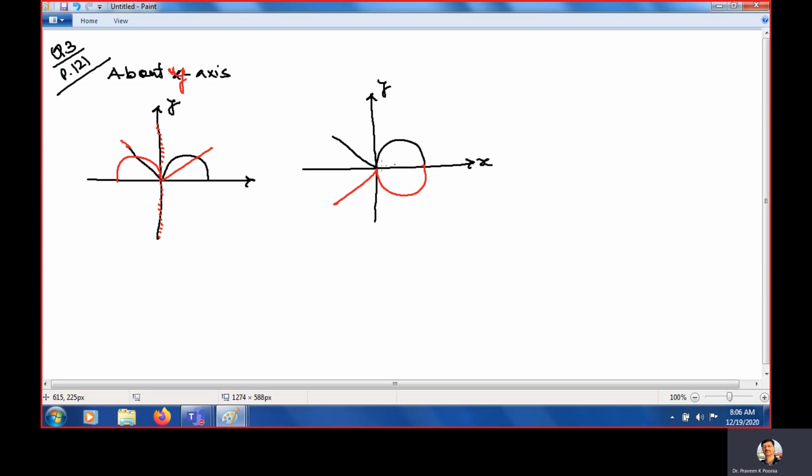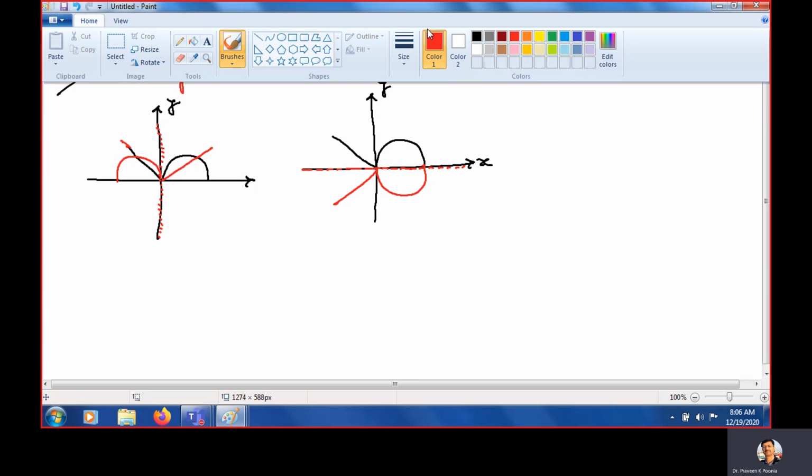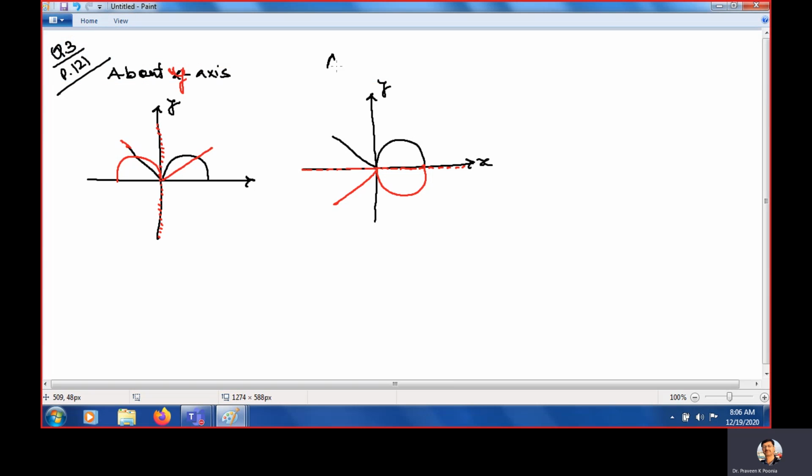So this is symmetrical about the x-axis. This was about the y-axis. Here above x and below x same; there, left side of y and right side of y should be same. Clear? It is about the x-axis.